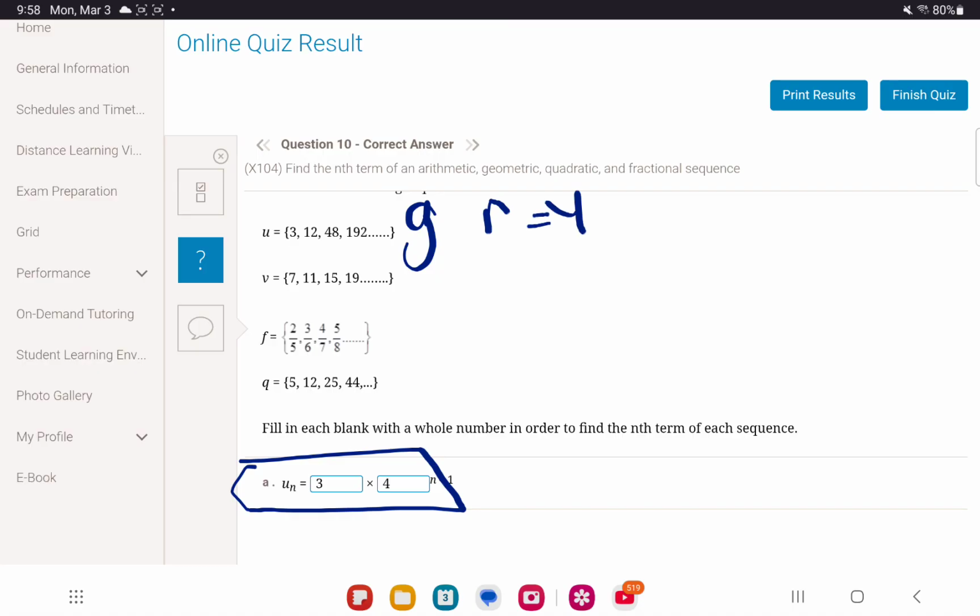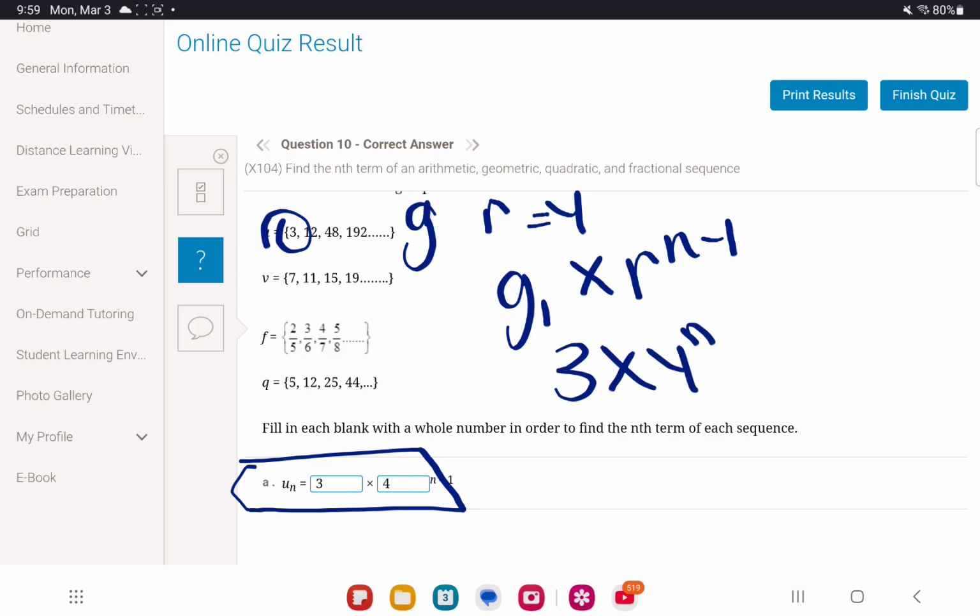We know that the formula for geometric progressions is G1 times r to the power n minus 1. Here we have r, which is 4, and G1, which is 3, because you just look at the first number in the sequence. So 3 times 4 to the n minus 1, and that is your answer.